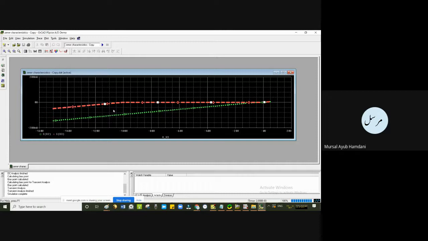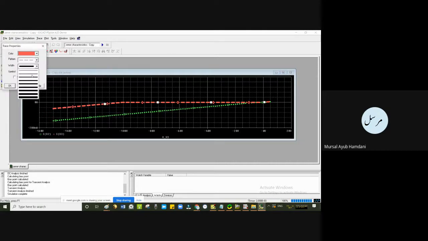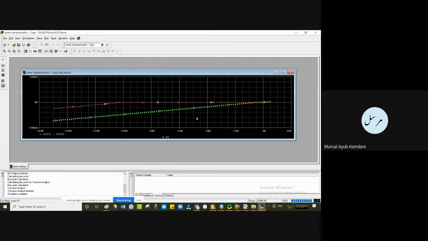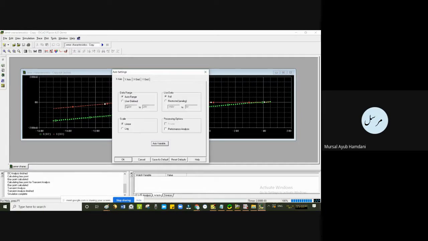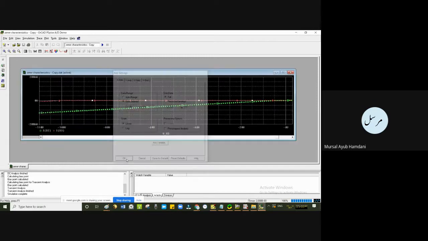Okay. Now let me shift the x-axis to minus 110 and plus 3.